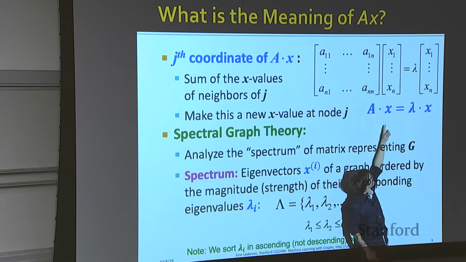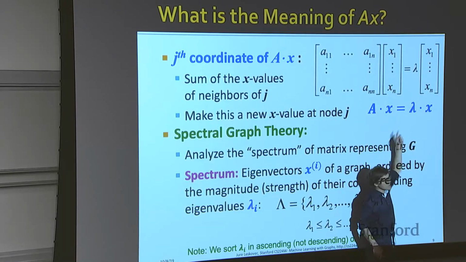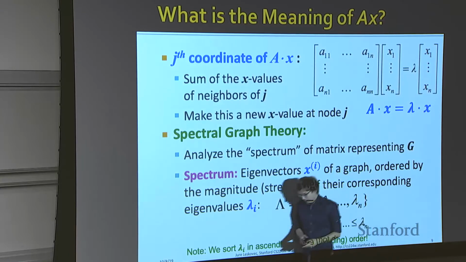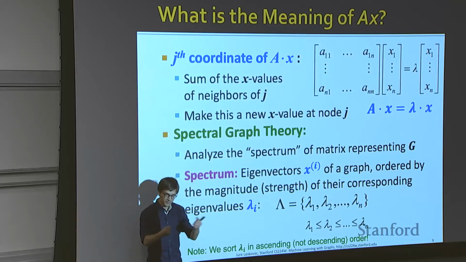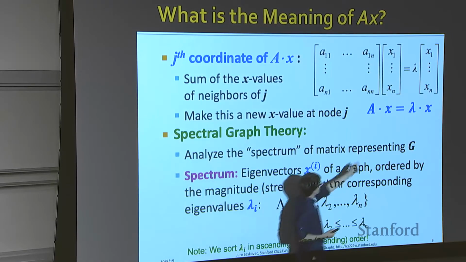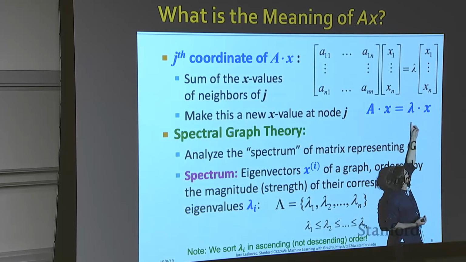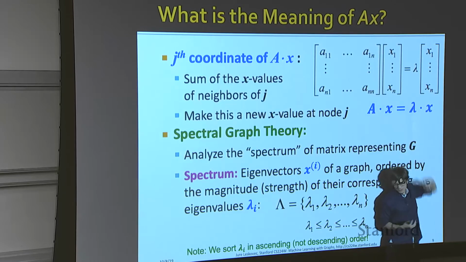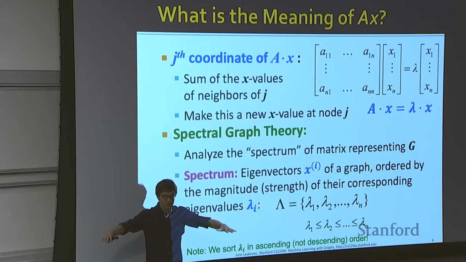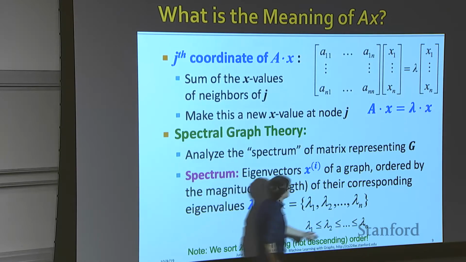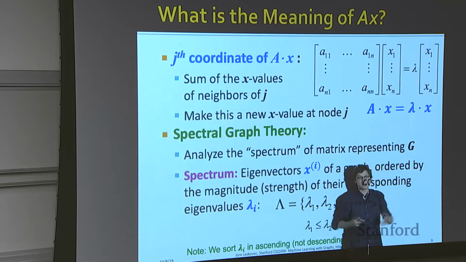A is a fixed matrix, x is the eigenvector, and lambda is the eigenvalue. So these are special values assigned to nodes, such that when you sum up the values from your neighbors, you get the same value as you had, you just scale it. So essentially, you retain your value, it just gets multiplied. And every node in the network multiplies their value by the same amount, lambda. And lambda is the eigenvalue, and x is the eigenvector.